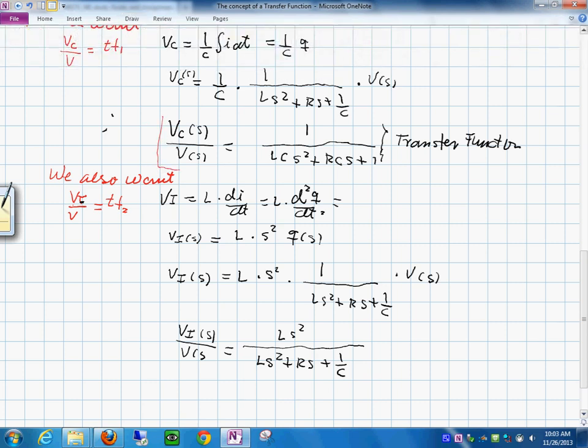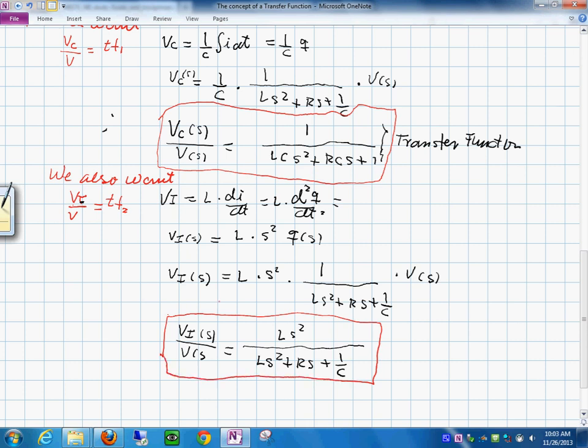You see the transfer function for the voltage across C in here, and then the transfer function for the voltage on the inductor over here. The one up here is transfer function TF1, and this one is transfer function TF2.